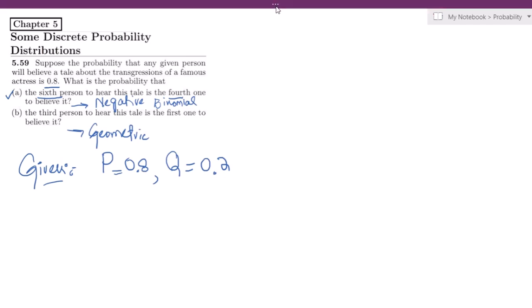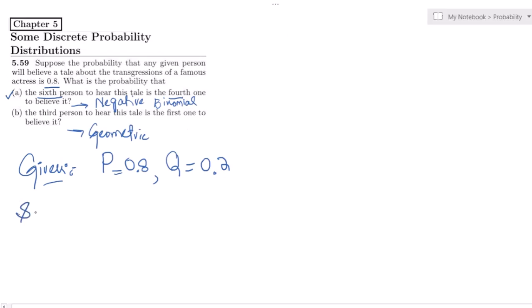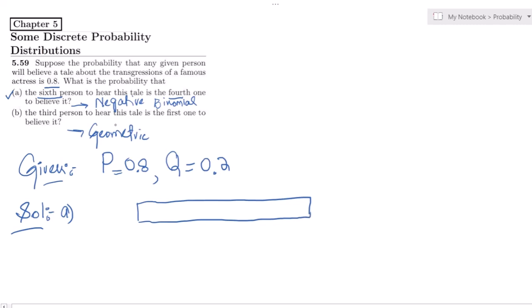Now let me solve part A of my question. What do we have to do? Let us have this hypothetical diagram in which we have 6 slots, 1 2 3 4 5 6, the first, second, third, fourth, fifth, sixth.